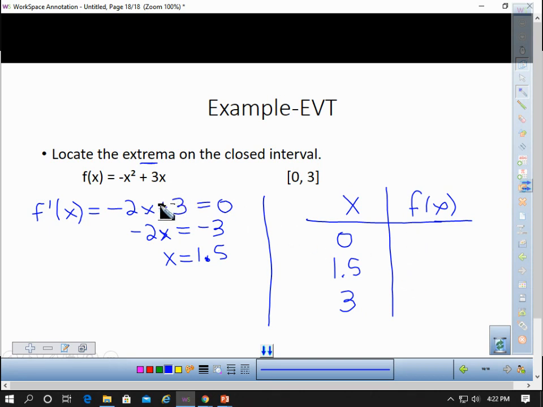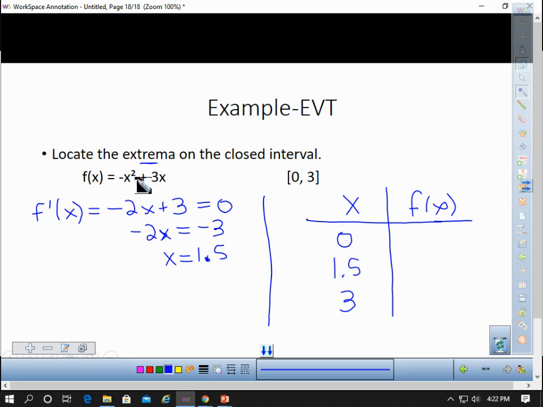We're guaranteed to have a max and a min because this is a continuous function. I just have to use my derivative, because all of these things we're reviewing are applications of your derivative. We took our derivative to find any critical numbers in the middle, somewhere between 0 and 3, and we also use our endpoints because one of your endpoints could be your max or your min.